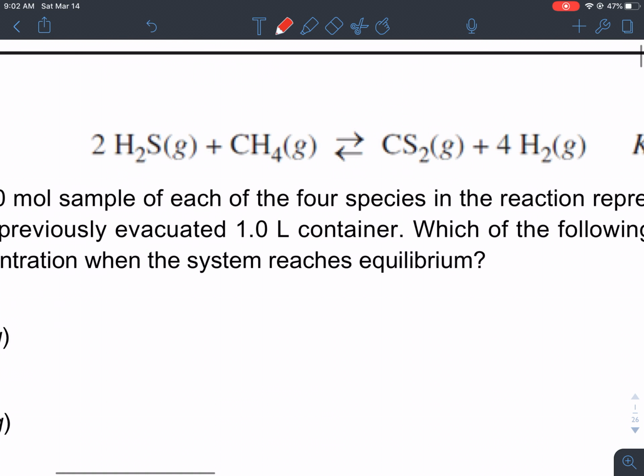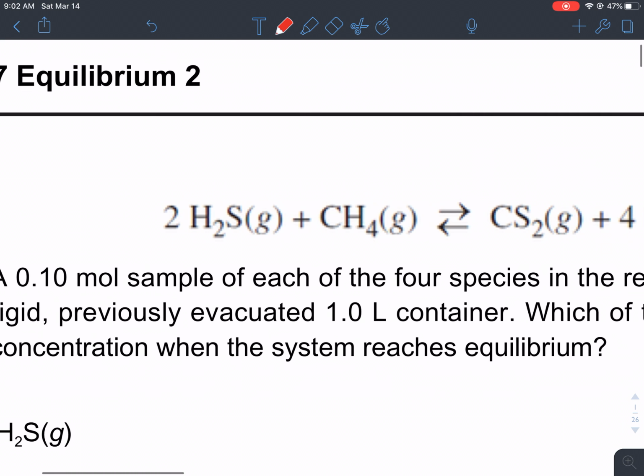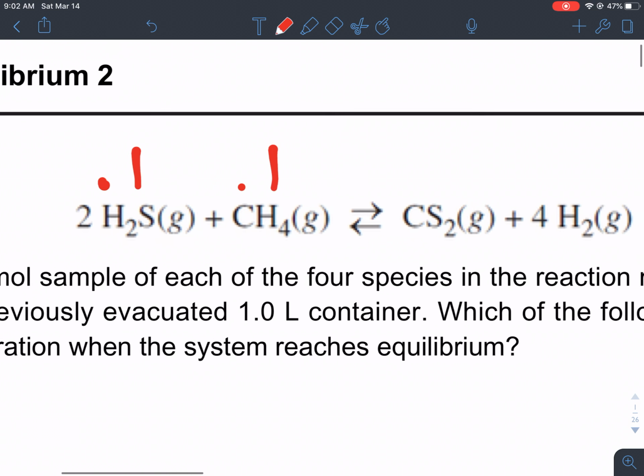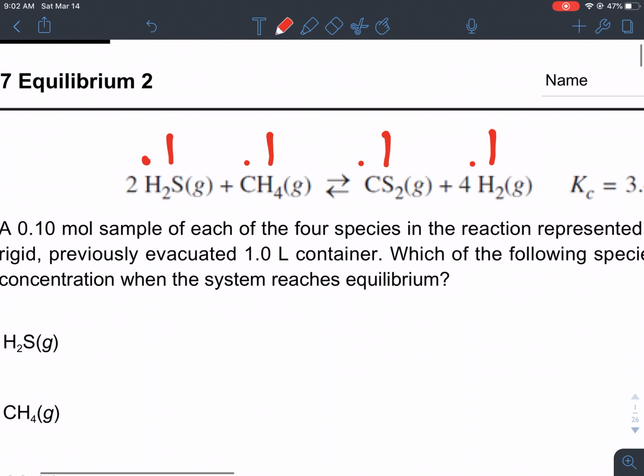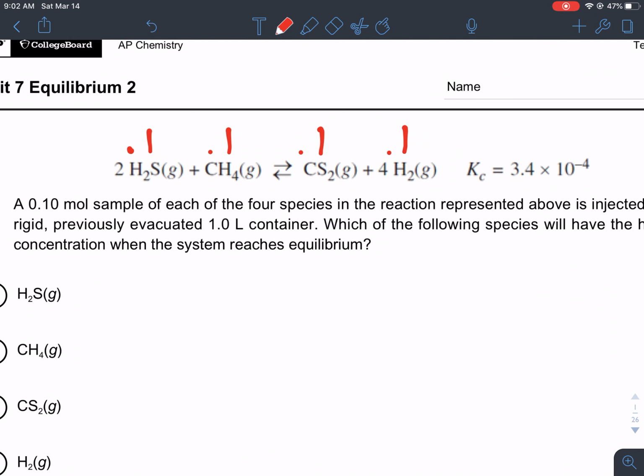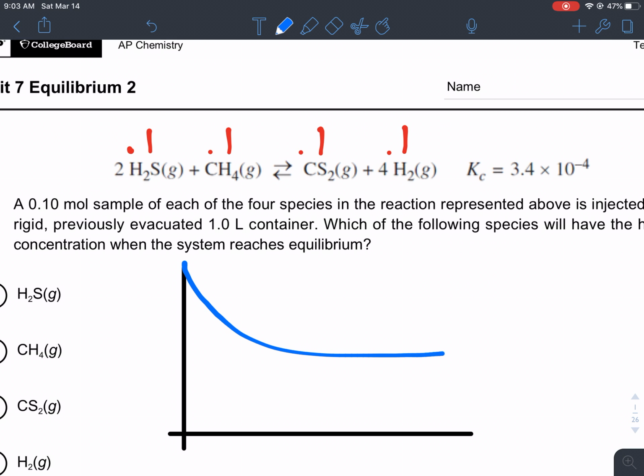I'm going to say I have 0.1 here, 0.1 here, 0.1 here, and 0.1 here. Now, if this was the case, this has to get to equilibrium somehow. Now, let's draw what that graph would look like. Let's talk about it. We're going to have H2S coming down kind of hard.